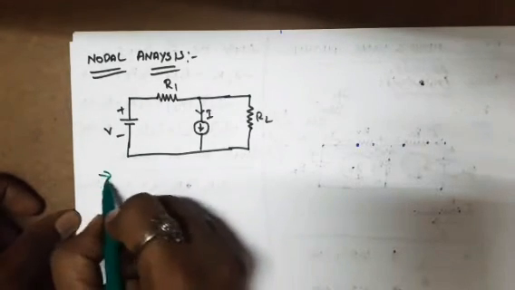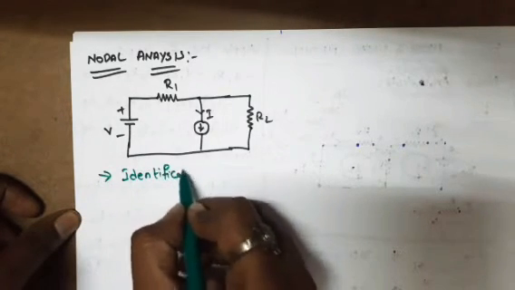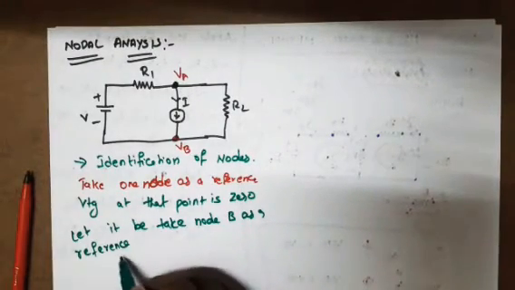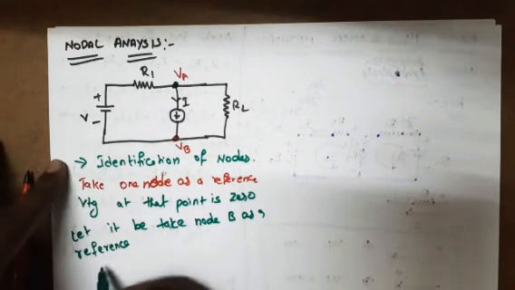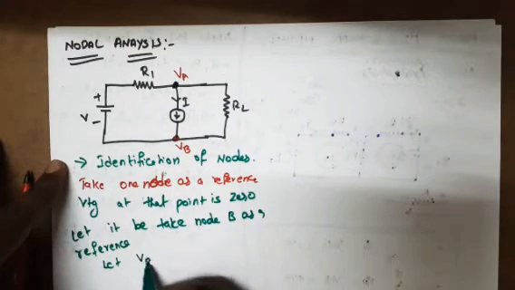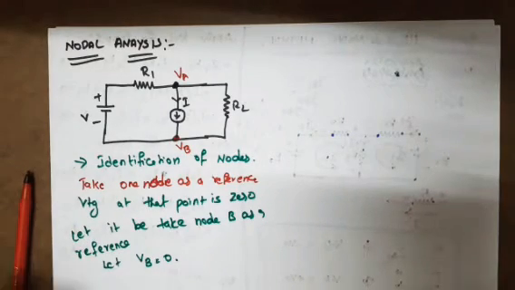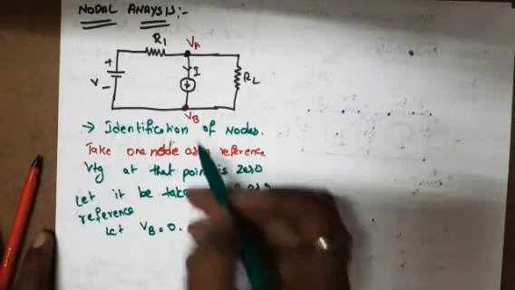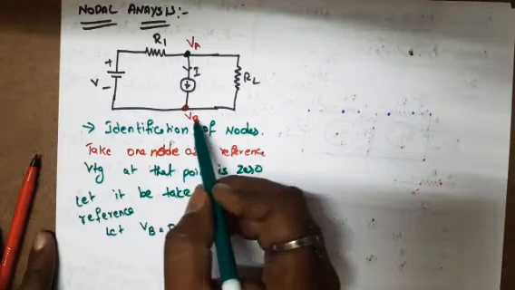Take node B as a reference, so the voltage at node B is 0. Let VB is equal to 0 be our assumption. We can take node B as a reference node, that's why we assume that the voltage at node B is 0.